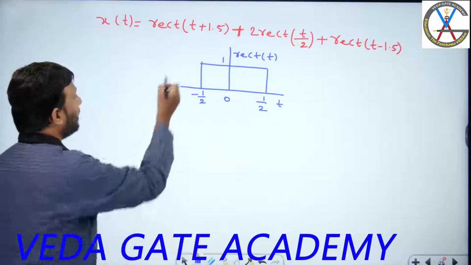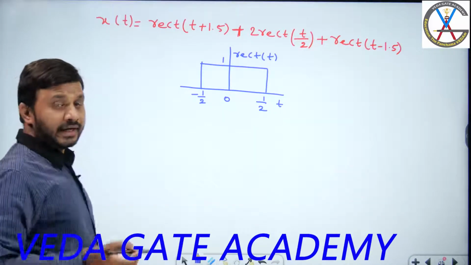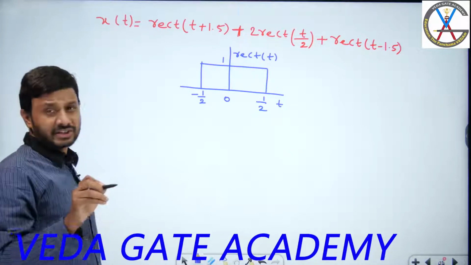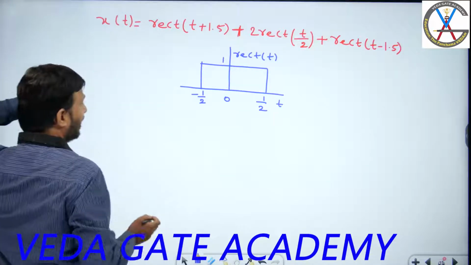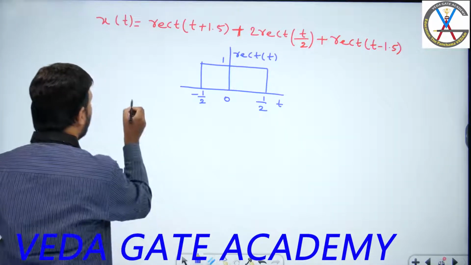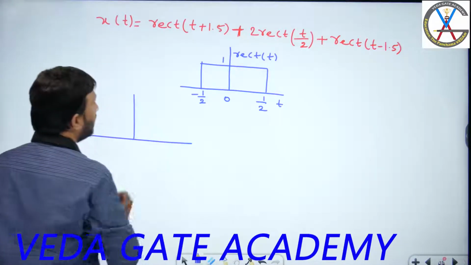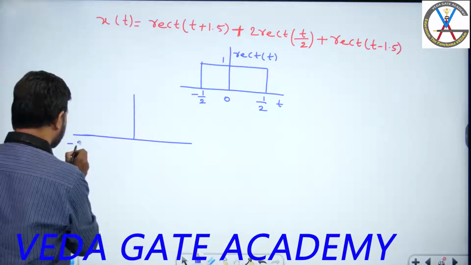Rect of t plus 1.5 would be the advanced version of rect(t) by 1.5 units, or the left-shifted version of rect(t) by 1.5 units. So do one thing, drag this to the left by 1.5 units. What will happen? This will come to minus 2, isn't it?